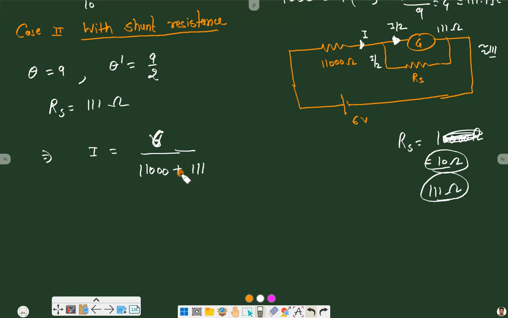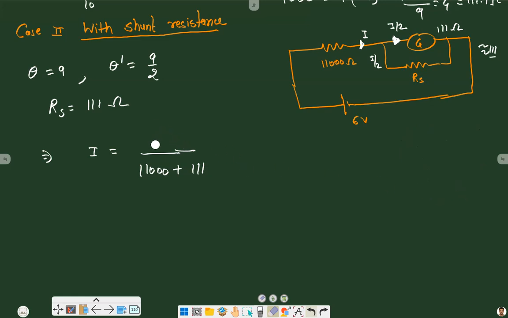So we ignore this 111 resistance value so that our calculation becomes slightly easier and we can reach the answer in the least possible time. So we assume that our current in this circuit is equal to 6 by 11,000, ignoring these two's parallel combination, because it will be very small compared to this.